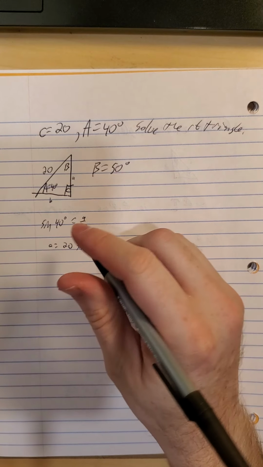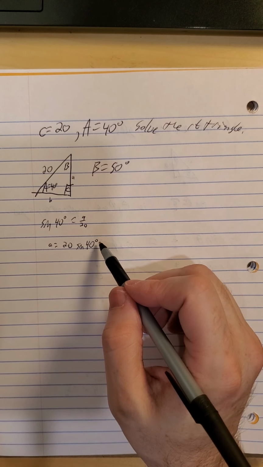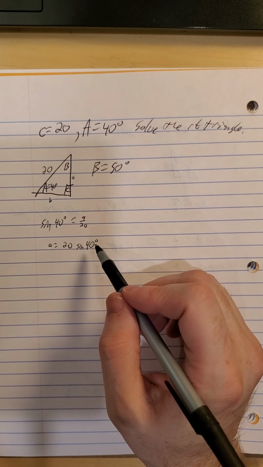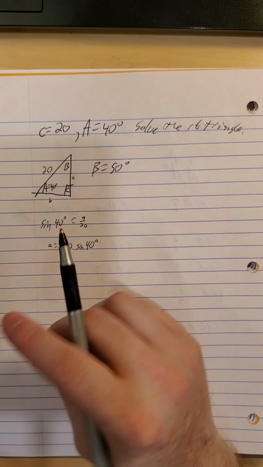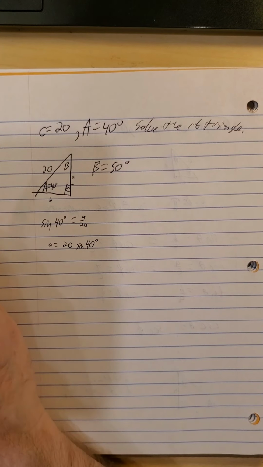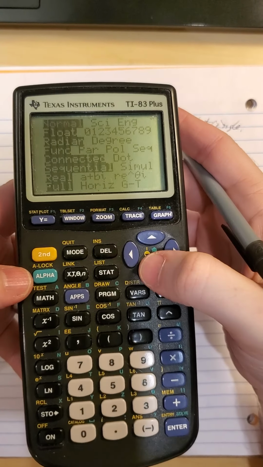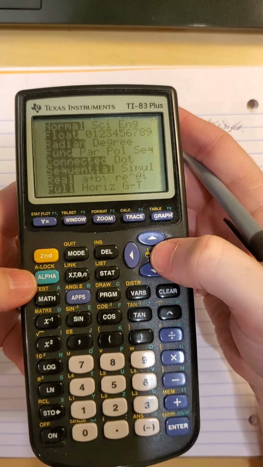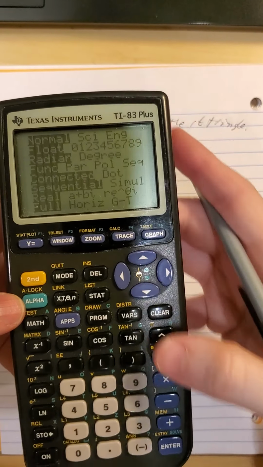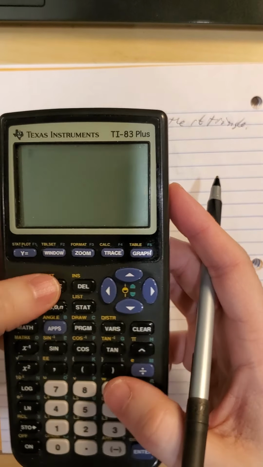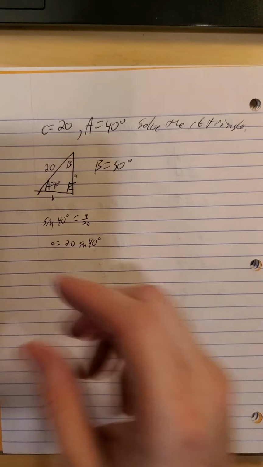If they give you 40 degrees instead of radians like we usually work with, just make sure you temporarily switch modes in your calculator. So I'm temporarily going to switch it from radians over to degrees. I just have to remember to put that back to its usual state when I'm done.